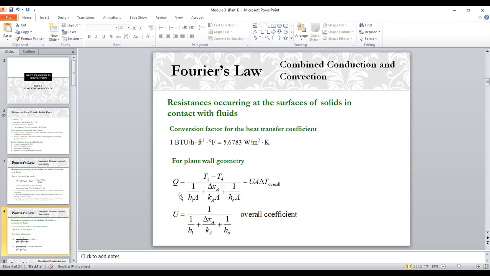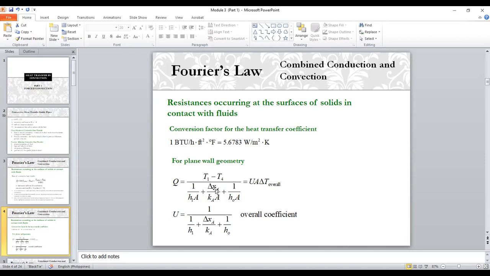Now, in this case, class, if you look at the top of my slide, it's already written here: combined conduction and convection. If you recall one of the sample problems I gave you, which already combined conduction and convection, there is this middle term in the denominator which accounted for the resistance offered by the film of fluid adjacent to the surface or to the wall in which heat is to be transferred from or to.